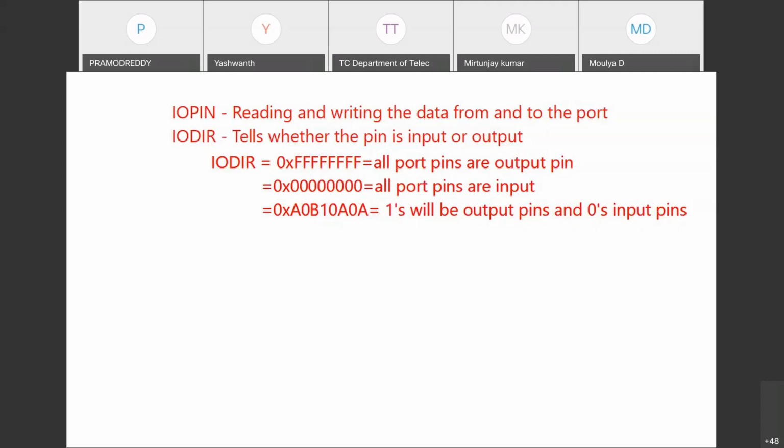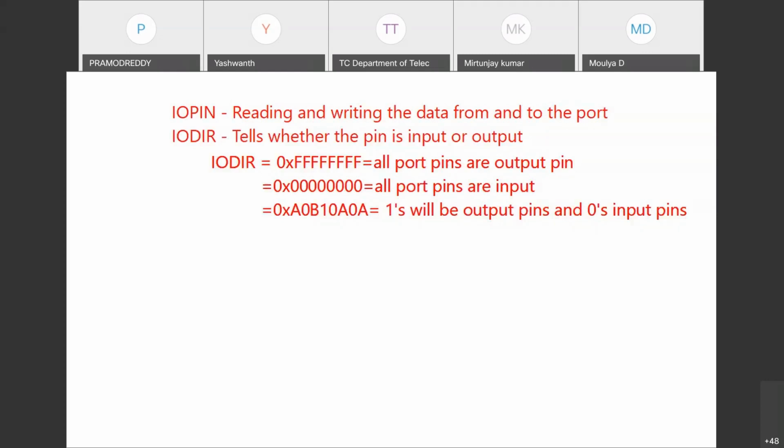So how to assign this? I can assign like this also, 0x, 0, 0, F0, and I can assign A, something like this. So what is the meaning? You can observe, if you write the equivalent of this, what is that?